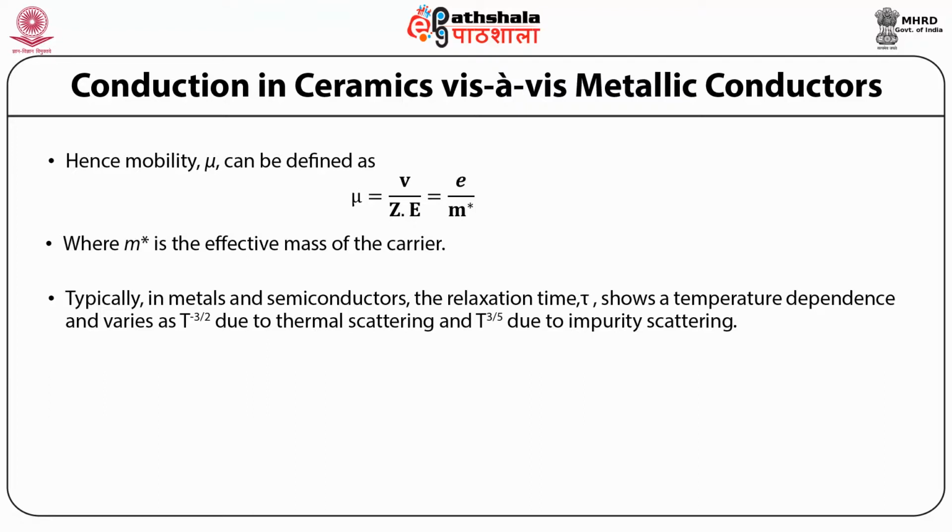So the acceleration term, m dv/dt, plus mv/tau, that is damping, is equal to ZeE, which is the force. Here m is the mass of the carrier, v is the velocity and tau is the relaxation time. Under steady state conditions, that is when carrier motion reaches a steady state, then dv/dt is equal to 0.